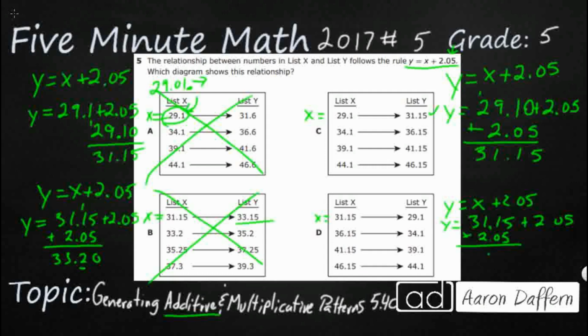We're going to get 33.2. So it looks like they actually subtracted 2 and 5/100 down here. So D is incorrect, which means our answer is, if you want to go ahead and check, it's going to be plus 205 all the way down. That looks good. So our answer here is going to be C.